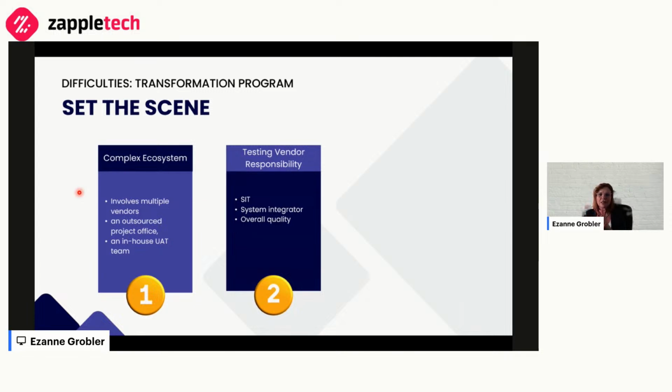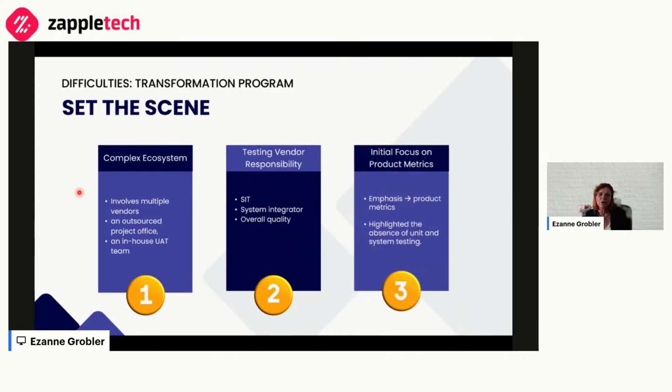There wasn't one body that looked after system integration. And because it was the first time all of these different code drops got together, we as testing became the system integrator as well, and suddenly had the responsibility of the overall quality. So our initial focus, being the testing vendor, was a lot on product metrics.